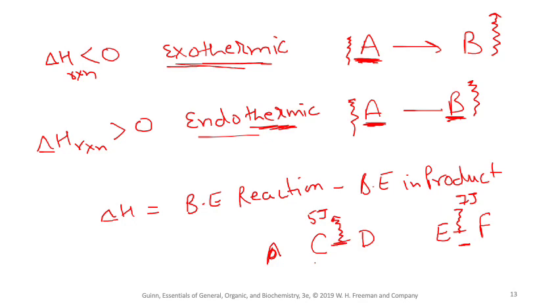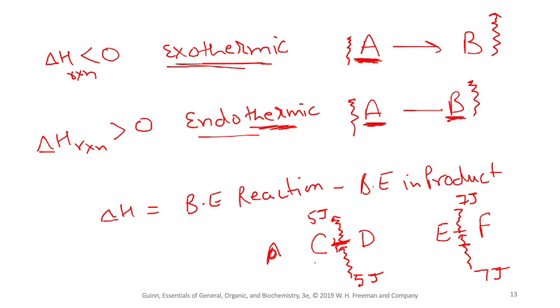Now the bond is already formed, and you need to break that bond. How much energy do you need to give this bond to break it apart? It is the same energy that is released while making the new bond. So you need 5 joules of energy to break this bond again. Same thing for the bond between E and F: once formed, you need the same energy that was released while forming it, 7 joules.